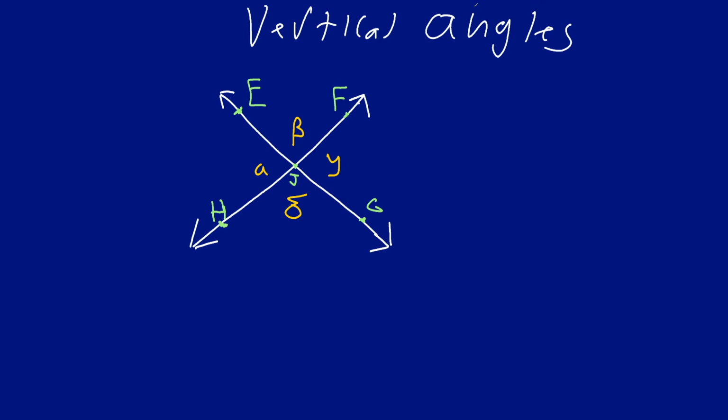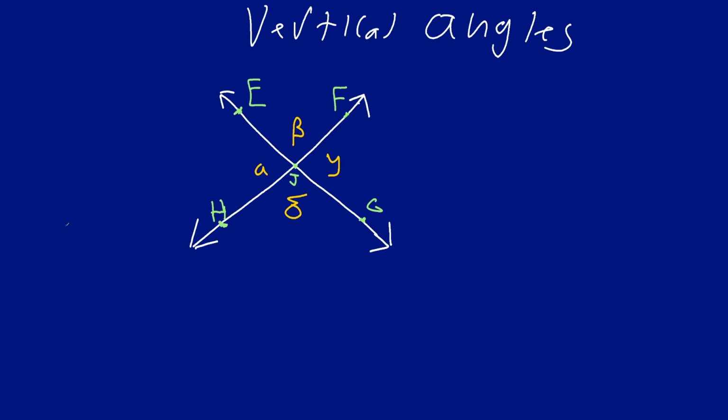They share a common origin, or a common endpoint, if you will, and they're opposite. So this time they're not next to each other. In other words, they don't share a side. Adjacent angles share a side. With vertical angles, they don't share a side, but they still have that common origin.